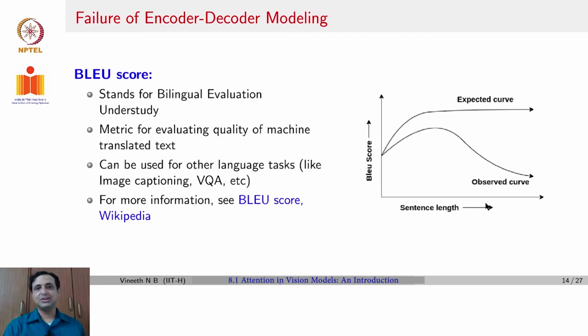Which means using such encoder-decoder models, where encoders are RNNs and decoders are also RNNs, starts failing in these cases when the sequences are long by nature. If you'd like to know more about BLEU, you can see this entry in Wikipedia for more information.